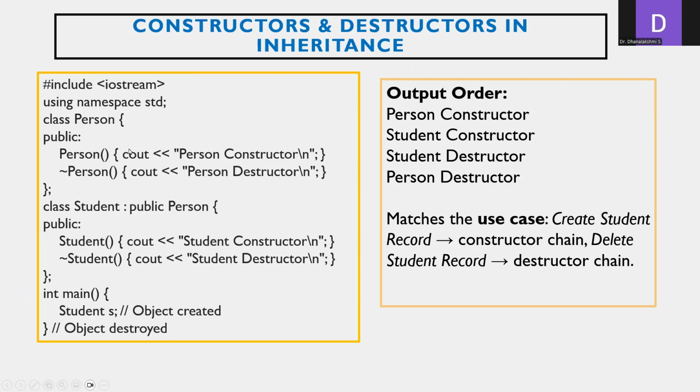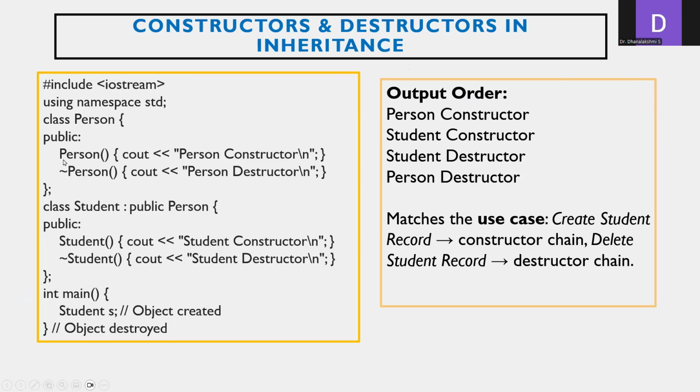Now coming to the base class, that's person. This is our basic class. Within that you have a constructor, and that's going to print person constructor whenever a person object is created.